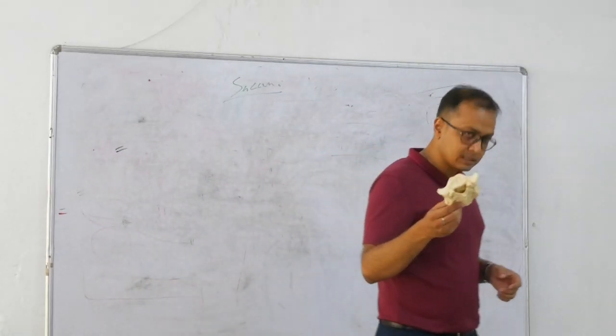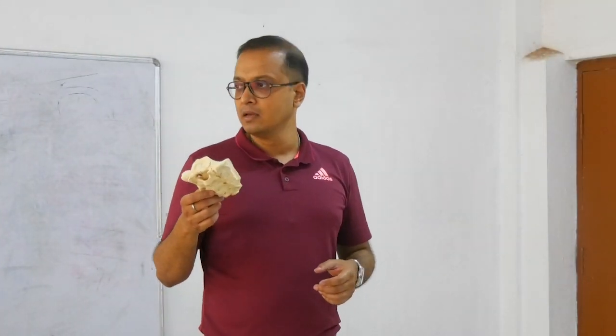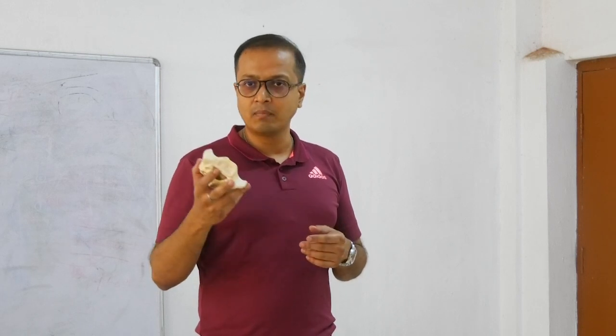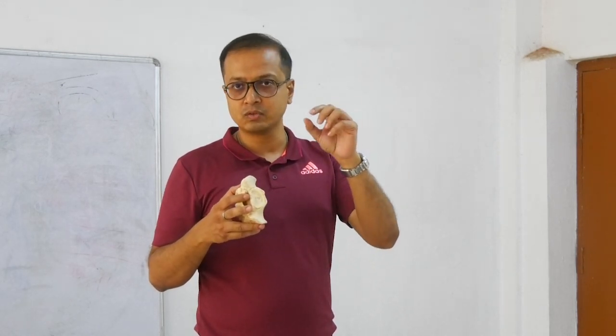So basically this is a fused bone. We have the sacral vertebrae. We have 5 sacral vertebrae, which are fused. Along with these 5 sacral vertebrae, in between them we have a disc. We call it an intervertebral disc.